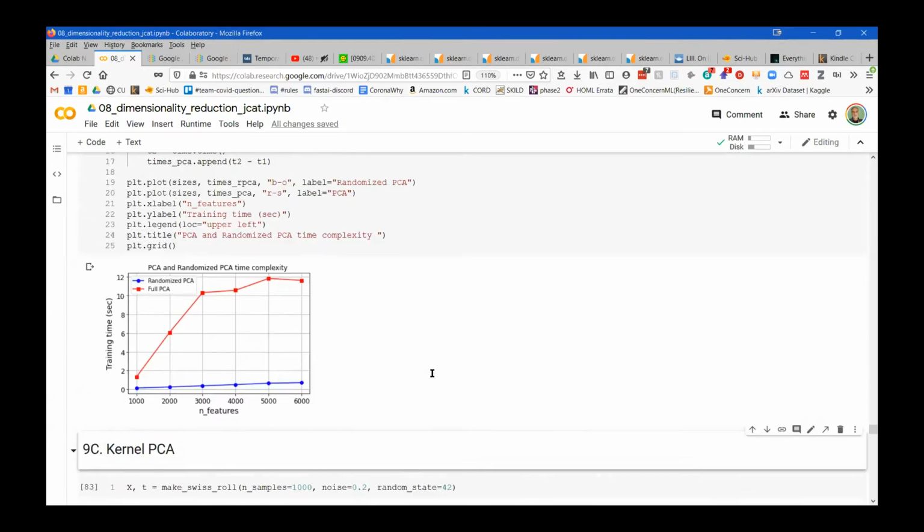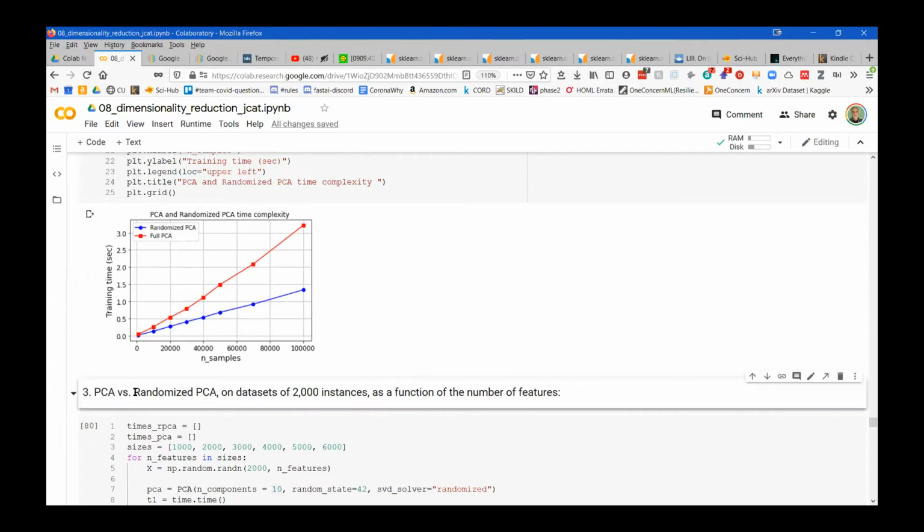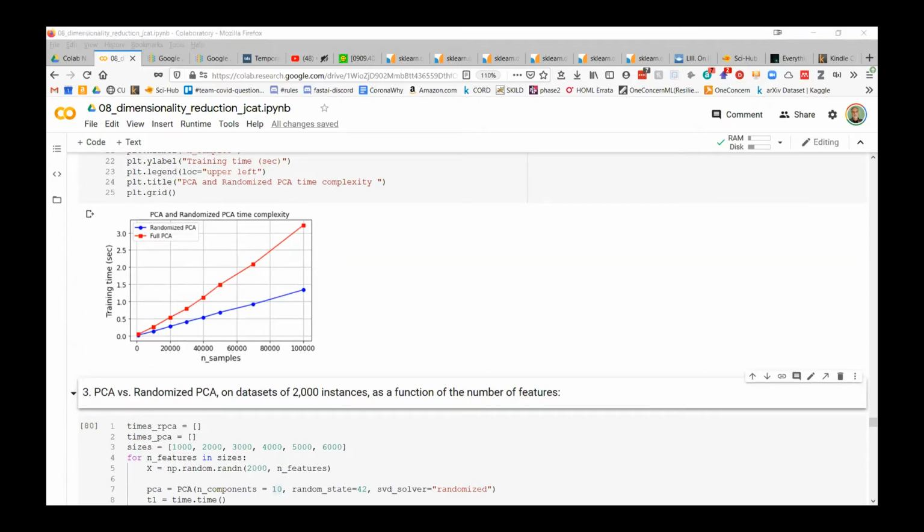Okay. Randomized PCA, we don't have time to get into it, but it's a technique that somehow gets you a speedup. It's faster than ordinary PCA, and I think Rachel talks about it in her numerical computing course, or something like that.